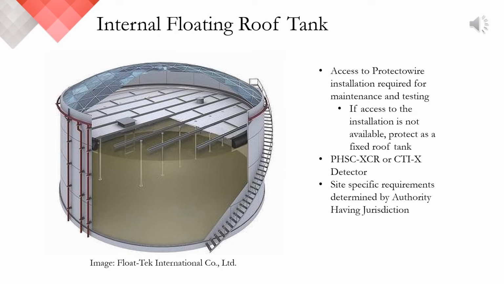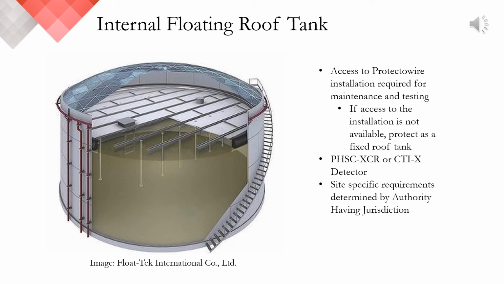Okay, so we're moving on to internal floating roofs. Now, we just spoke about accessibility. If the Protectowire installation is going to be inside the internal floating roof, accessibility is required whether the tank is empty or full. If that accessibility is there, then typically you could treat it as the open air floating roof and install around the foam dam.